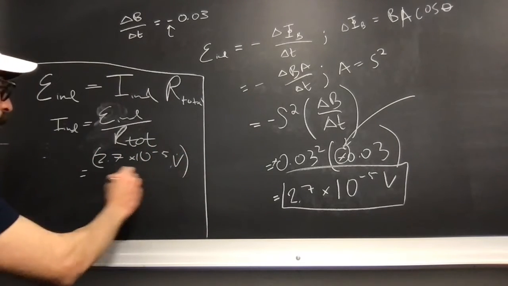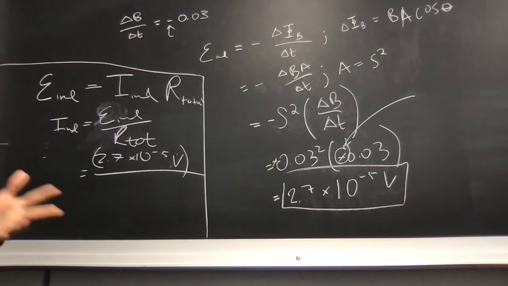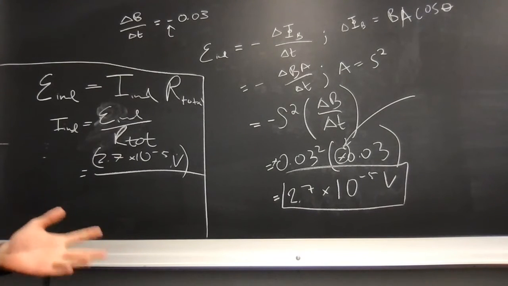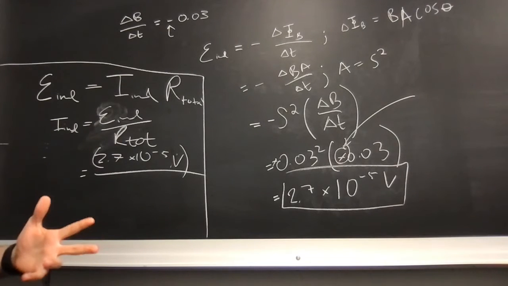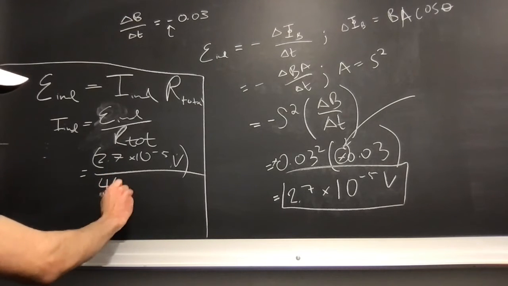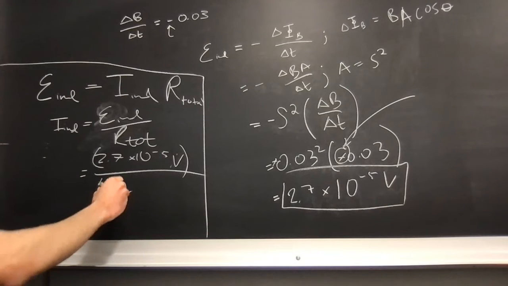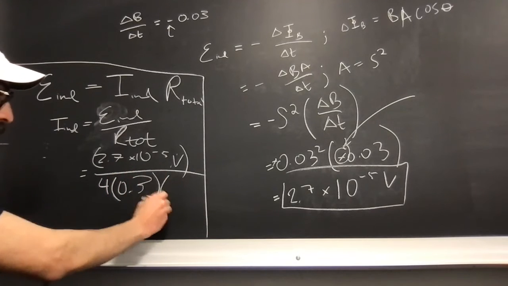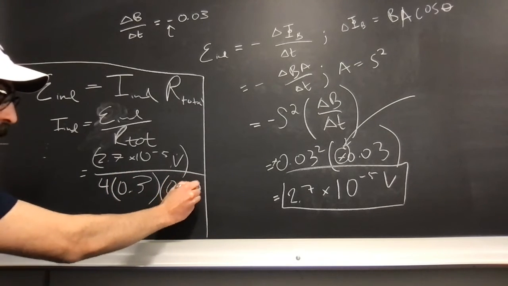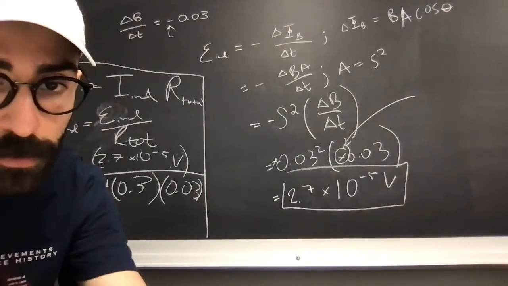What do we write for this R total? We're given the resistance per unit length. So if we multiply it by the total length, that being 4S, we'll get the resistance by itself, because the units of length will cancel out. Let me double check which one of those was given.